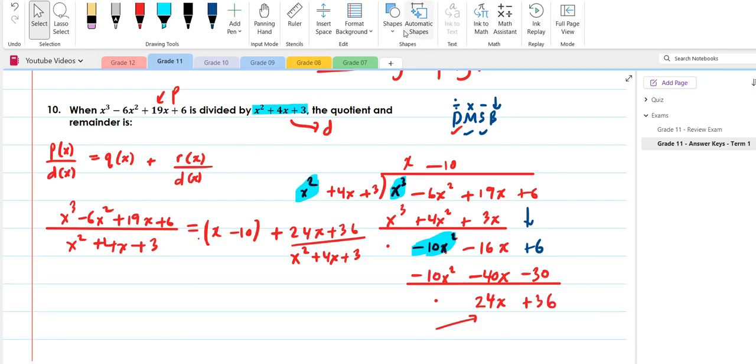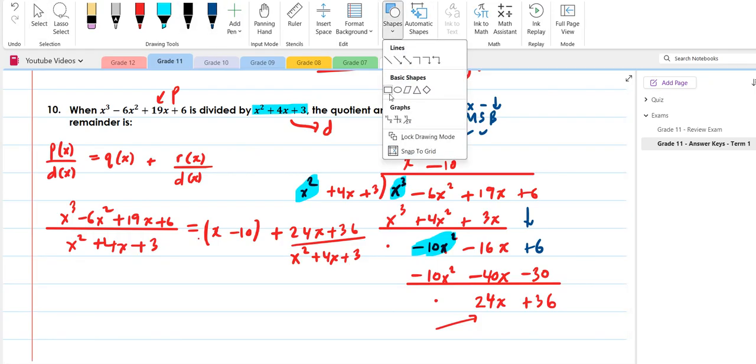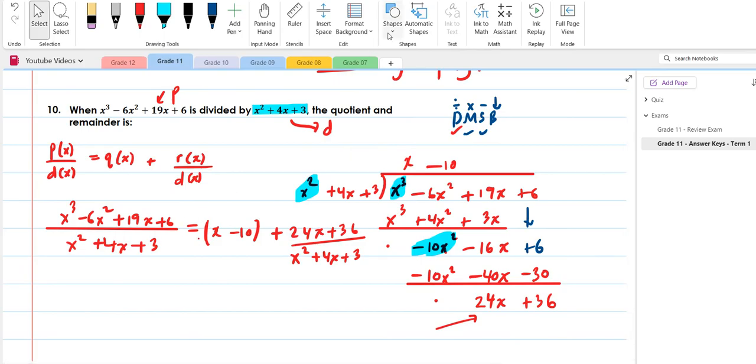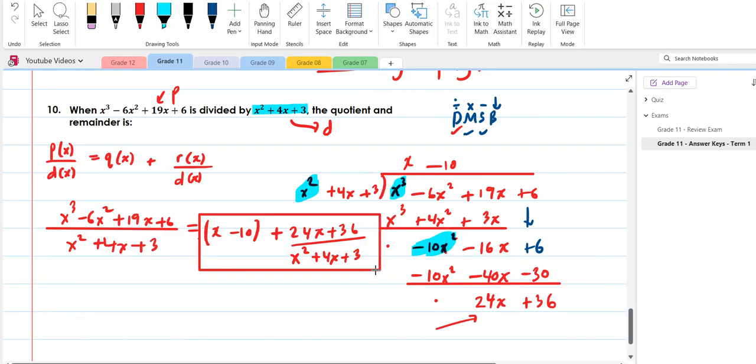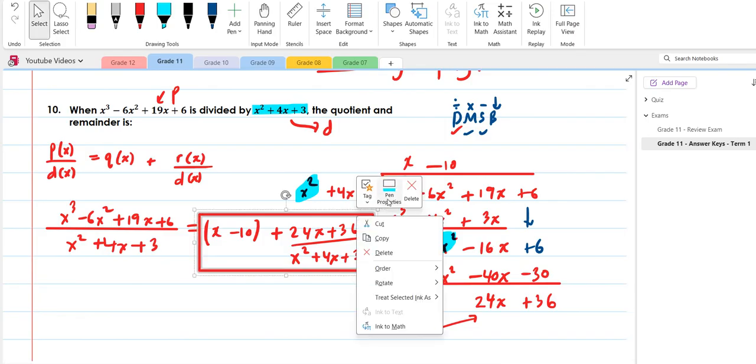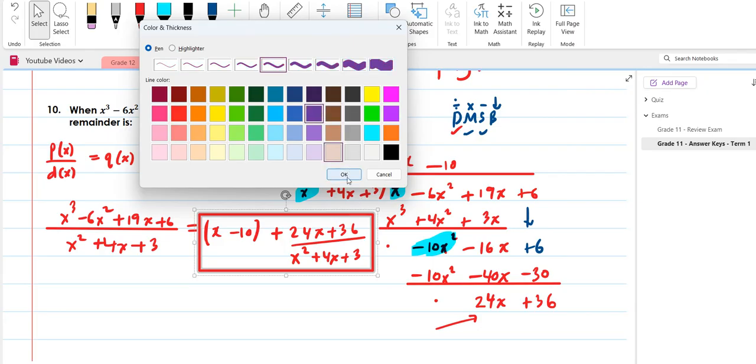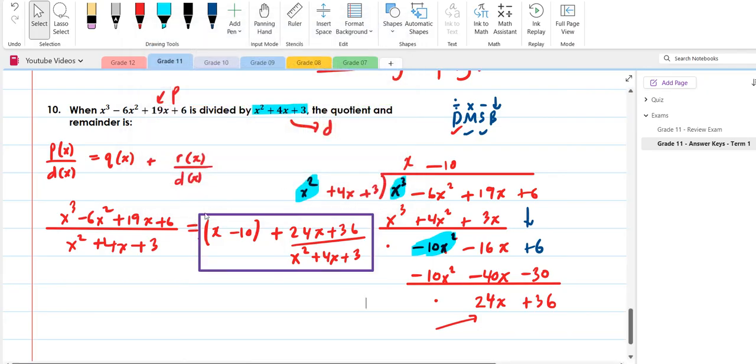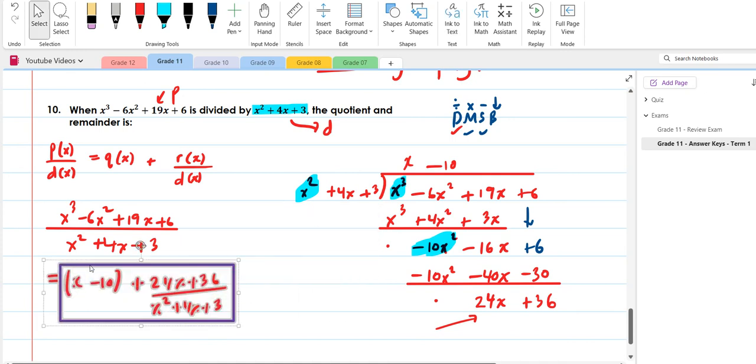Let me block this out, the answer part. Let's put it in. So that's my answer here. Let's just put it below this. So I've got a quotient and I've got a remainder. I'll just keep it there.